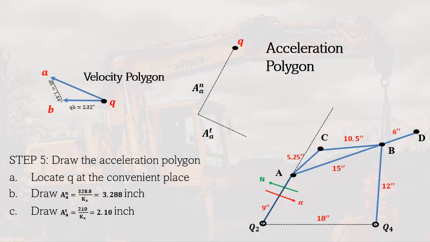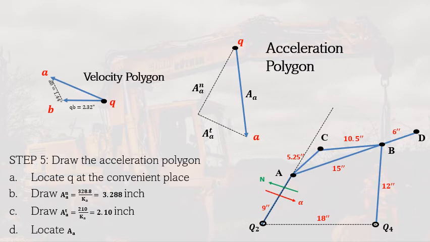So now we have the components of the acceleration of A, which are the normal and the tangential. In our formula, we can get the acceleration of A by using the head to tail method. So we locate A by using head to tail, from the tail or the pole Q to the head of the last point, which is the tangential component. So that now represents the acceleration of A.